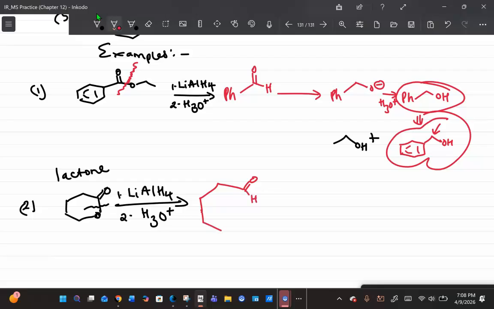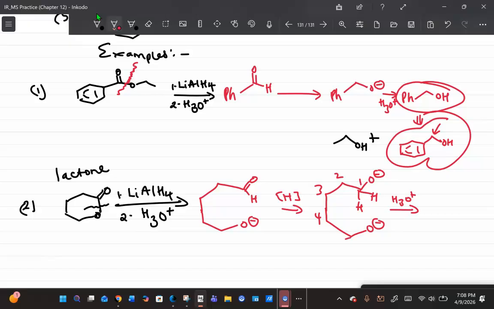Definitely goes through the aldehyde. More reduction. Now you add another hydrogen. We'll see the mechanism shortly. And here comes H3O plus.